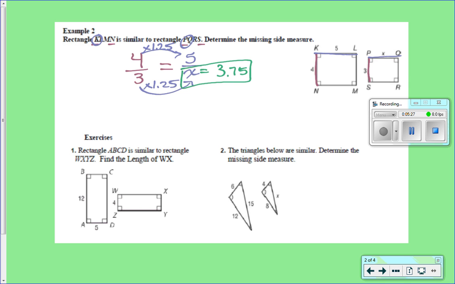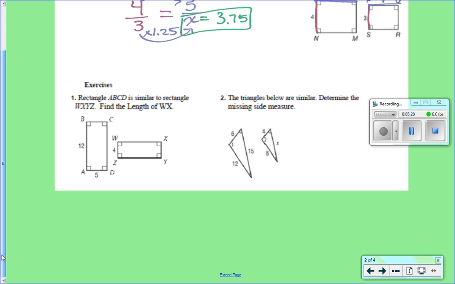Let's do another one together. Let's do number 1. Rectangle ABCD is similar to rectangle WXYZ. Find the length of WX. So this is what we're trying to find. So WX corresponds to what side length? AB. Very good.